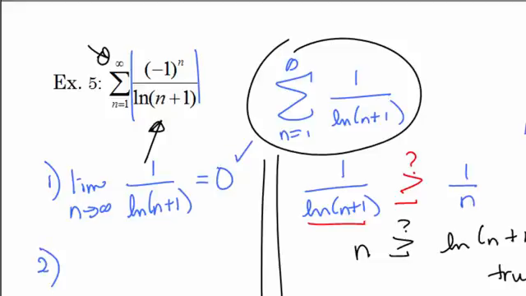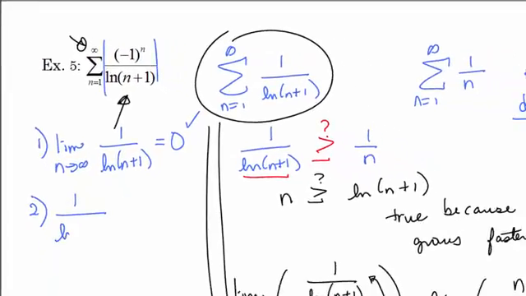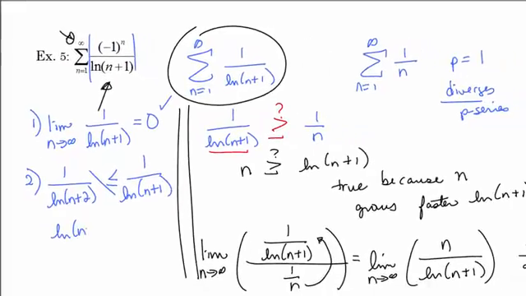The second condition is that you have to show it is decreasing. Is 1 over the natural log of n plus 2, because that would be the next term, less than or equal to 1 over the natural log of n plus 1? And yes, it is, but if you can't see it, cross multiply, being careful. And this is true.